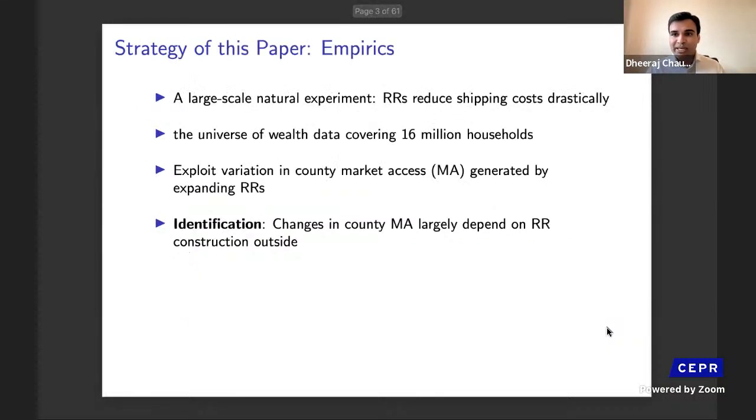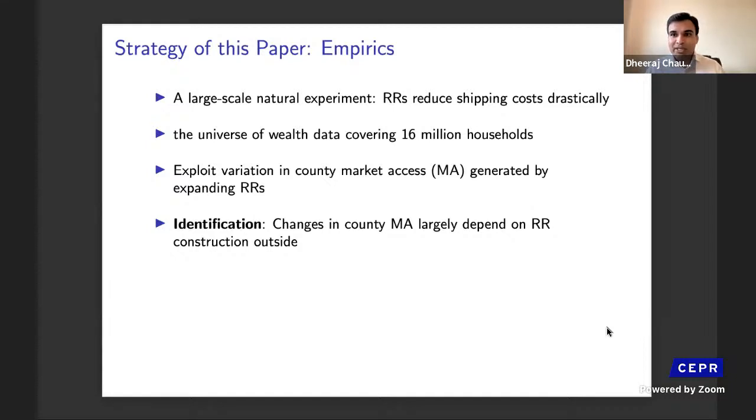So let me start by giving you a brief idea of the empirics. As I mentioned before, this paper is rooted in history. And so let me give you some idea why this is a very good setting to answer this question. Number one, the railroad expansion in the 19th century US is a very large-scale natural experiment, and railroads reduced the cost of shipping goods across the country significantly. And the second reason that I look at this question using a historical context is the availability of wealth data.